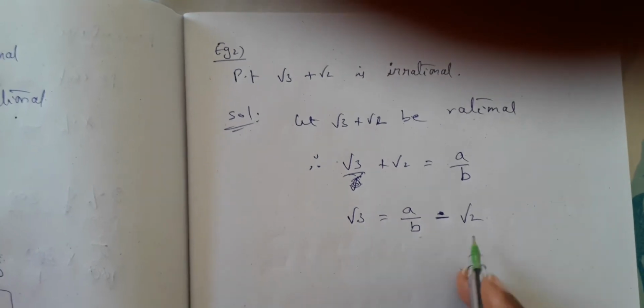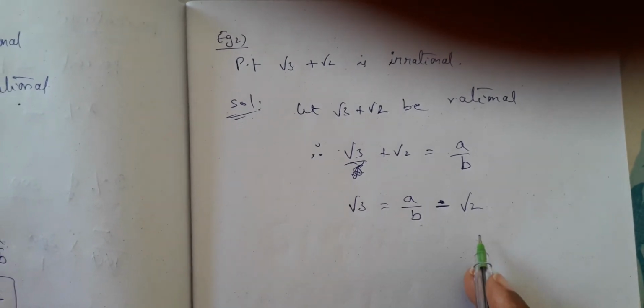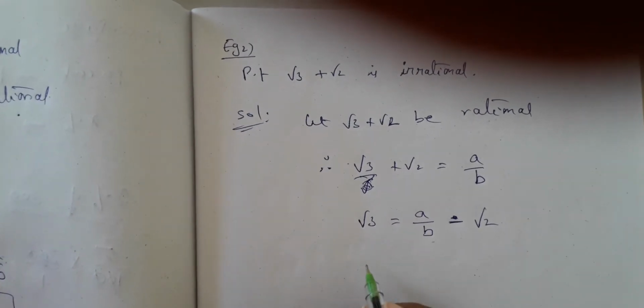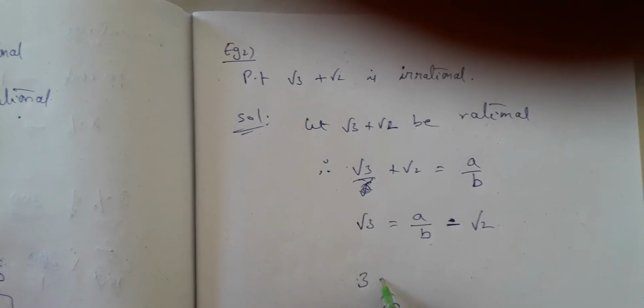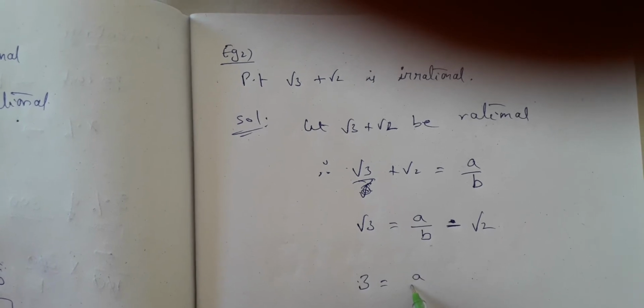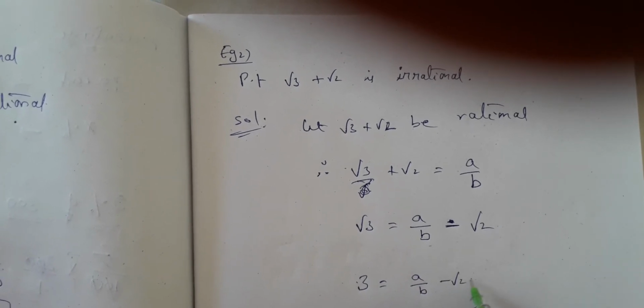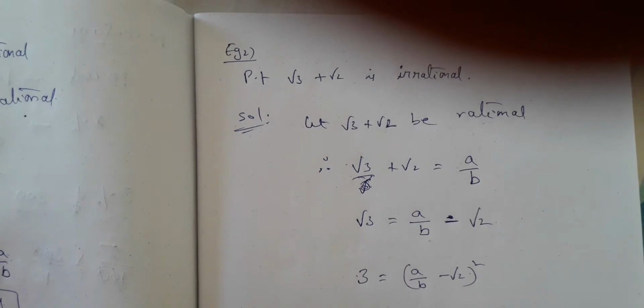Okay, so now squaring on both sides. Let us square on both sides, right? So 3 is equal to a by b minus root 2 whole square.